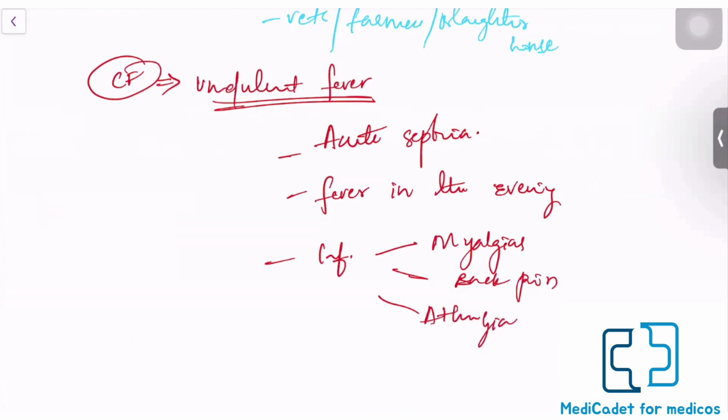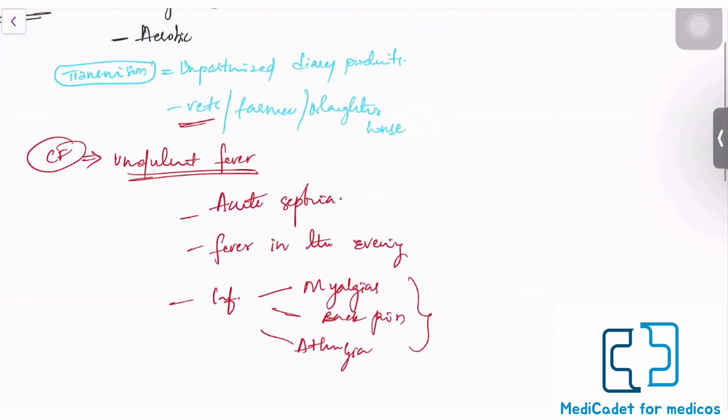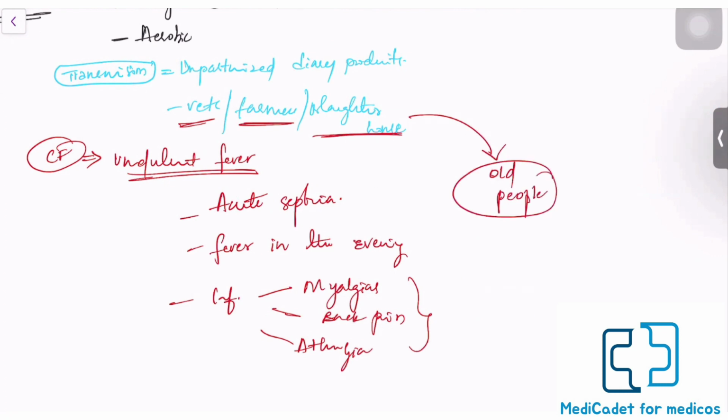When you see this, generally we think of a viral infection, right? Because that's where you have these nonspecific symptoms. That's why it's described as an influenza-type presentation. Brucellosis is seen in veterinarians, farmers, or slaughterhouse workers, generally older people.